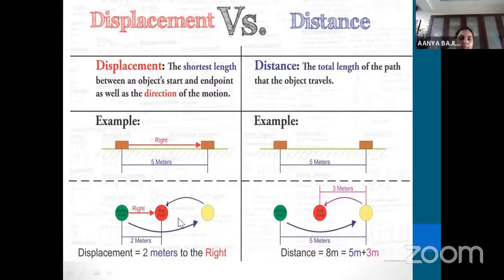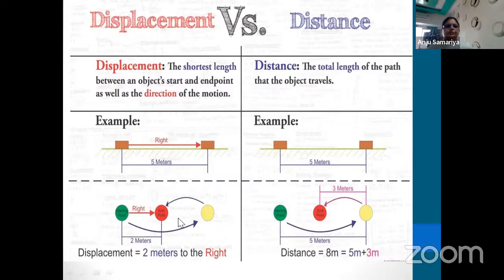Okay, now displacement versus distance. Now, when we are moving along a straight line path, the actual length traveled is the distance traveled.